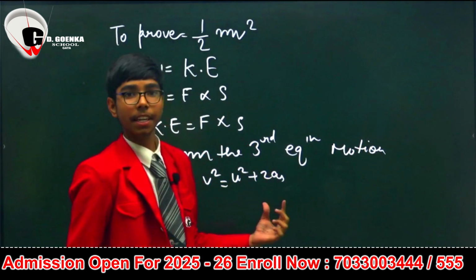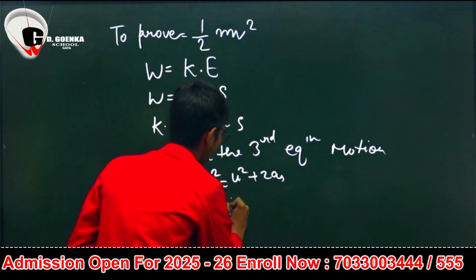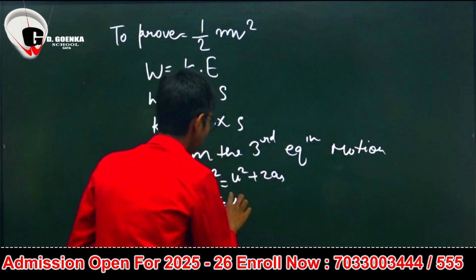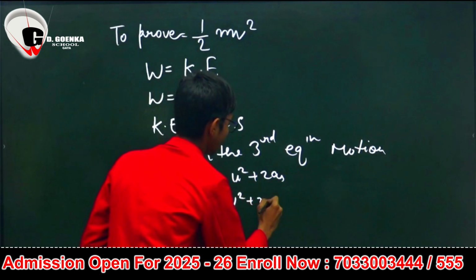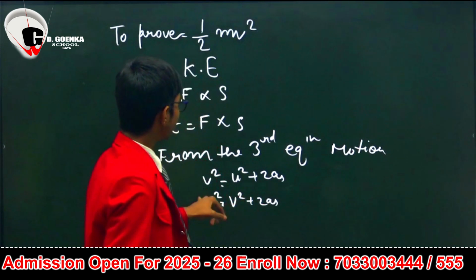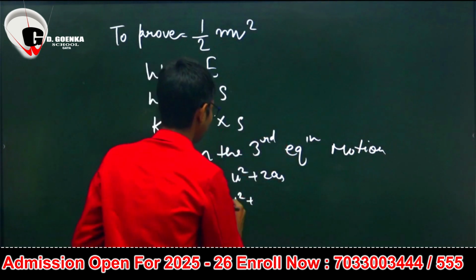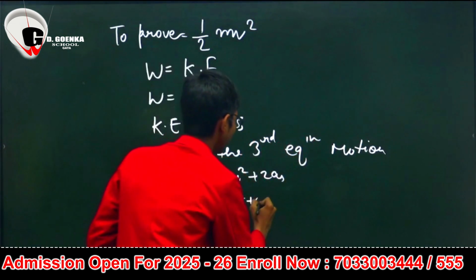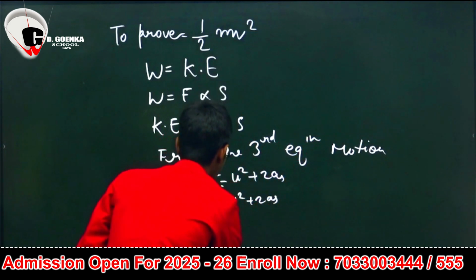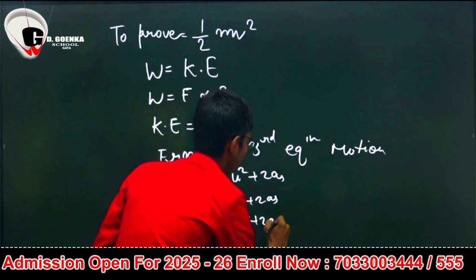But here we are taking the initial velocity as v, so we will write v square is equal to v square plus 2as. And we know the ball came and stopped over here, so the final velocity is equal to 0. So here we will write 0 square is equal to v square plus 2as.